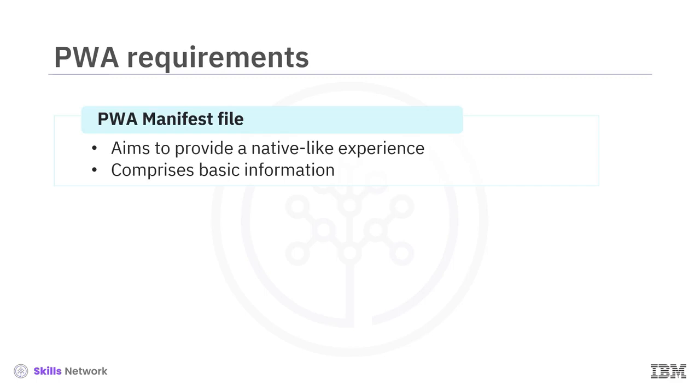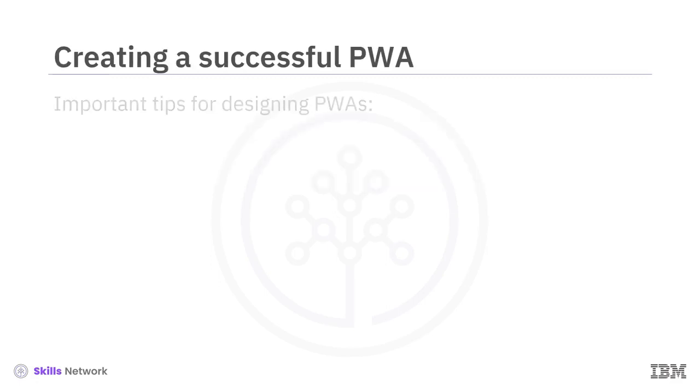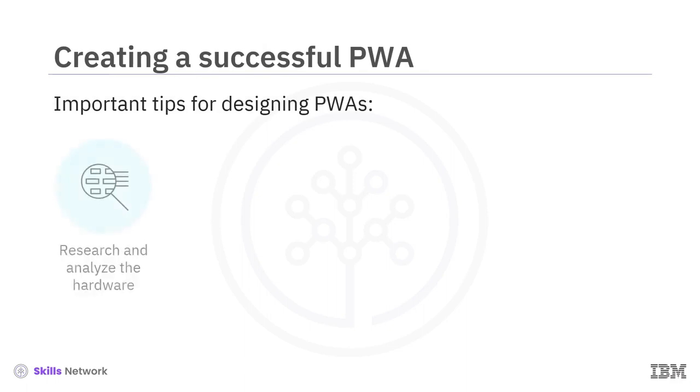It takes effort to develop a successful web application or web app experience, but giving users a satisfying and reliable experience is essential. Here are some tips for designing PWAs to ensure a successful web user experience. The first tip is to research and analyze the hardware necessary for PWAs in order to develop an application that targets those specific needs.